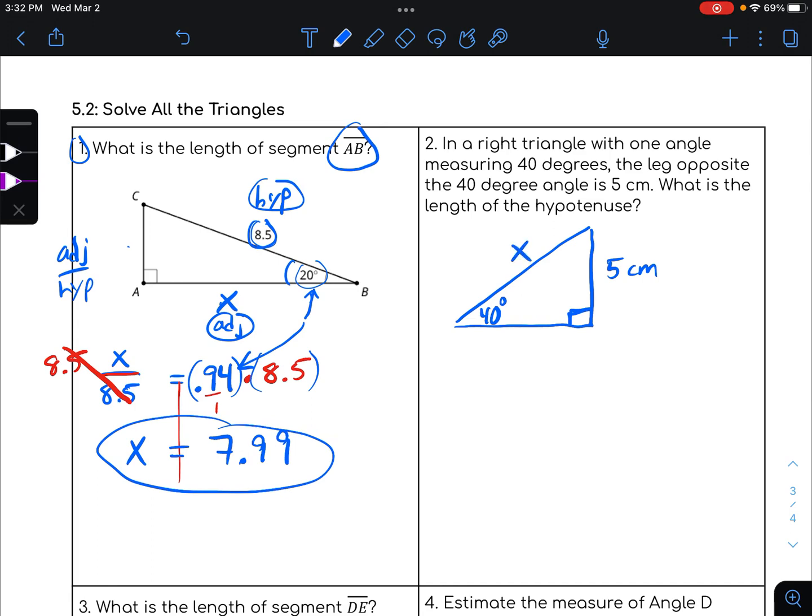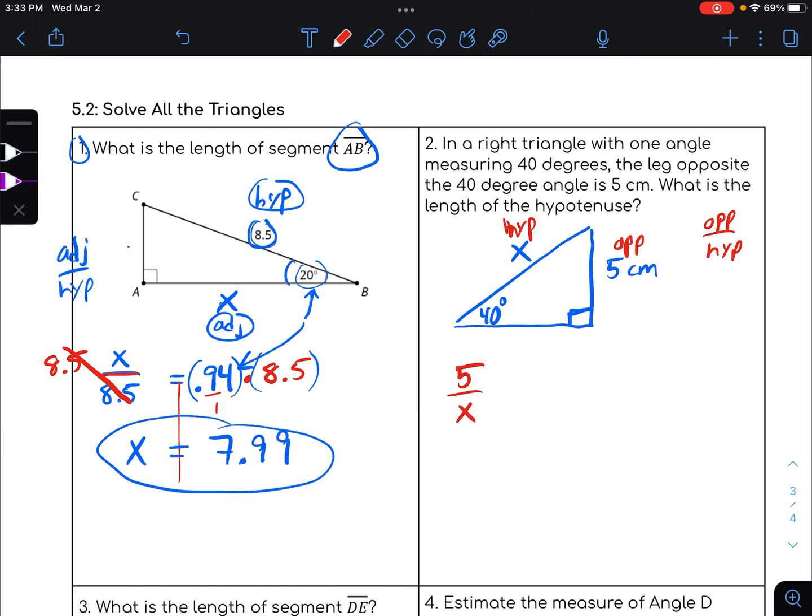So let's call that hypotenuse x. Once again, we're talking about the opposite side, the hypotenuse, and this angle. So opposite divided by hypotenuse would be 5 over x.